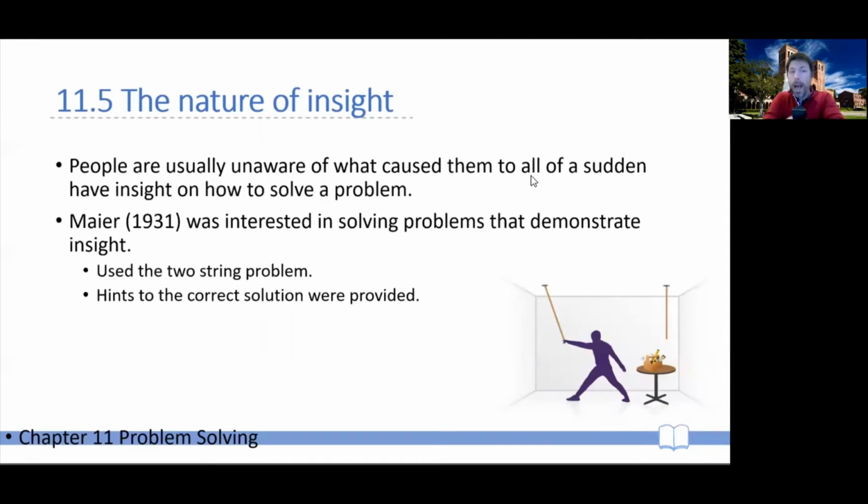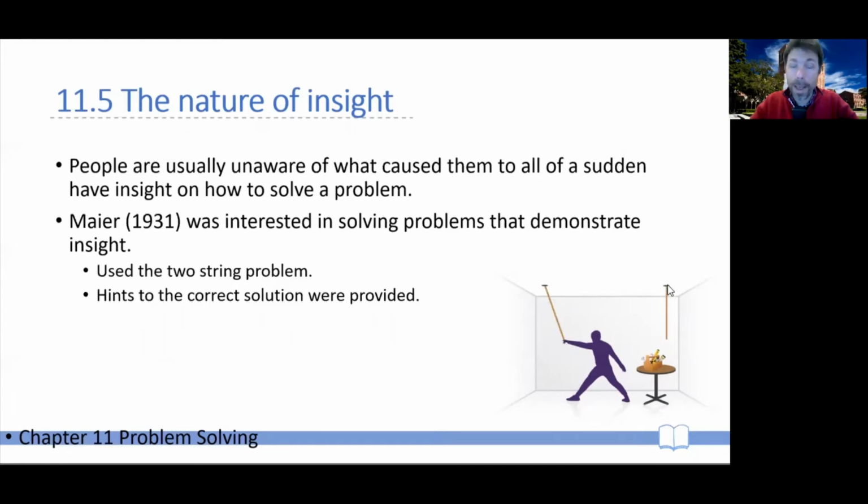So Mayer was interested in this exact aspect and took the two-string problem, which we saw earlier, where the final state is to hold the strings with your two hands, but as you'll remember, the two strings are too short for you to grab one while holding the other.